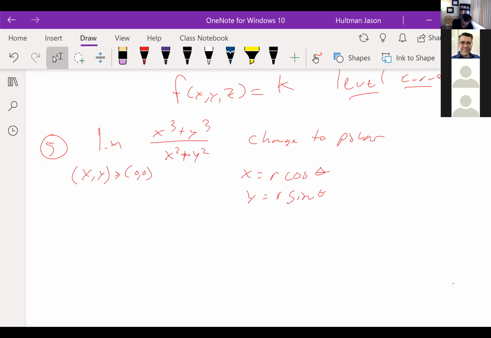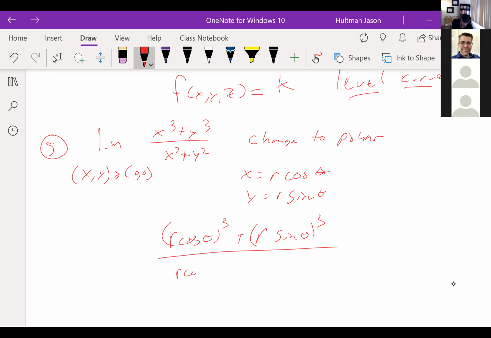So this is going to be now r cosine theta cubed plus r sine theta cubed over r cosine theta squared plus r sine theta squared.